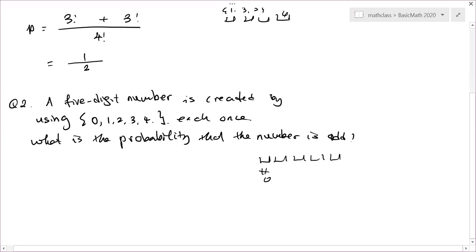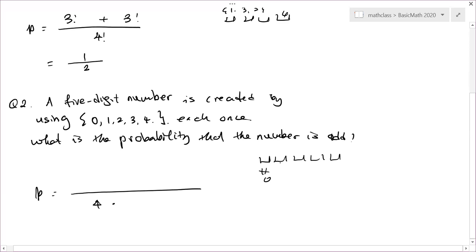Okay, anyone? Let's see. The denominator: how can I figure it out? The first one on the left, you can choose any digit except 0, so it'll be 4 choices.